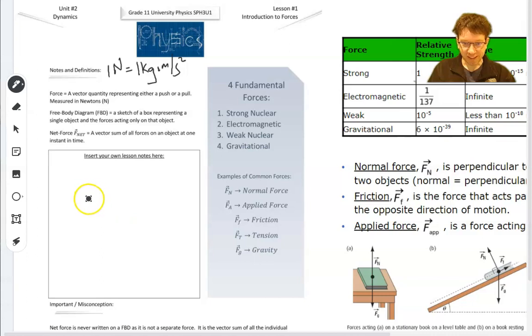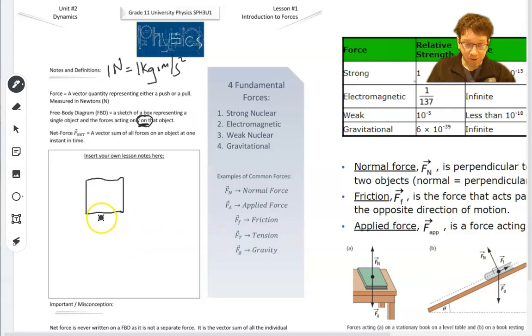So something like this, draw a box. That's a terrible box. Okay, and then you would draw all the force vectors that are acting on that object. So that's a very important word, on. It's not all the forces that object puts on other objects. It's just the forces that act on that object.